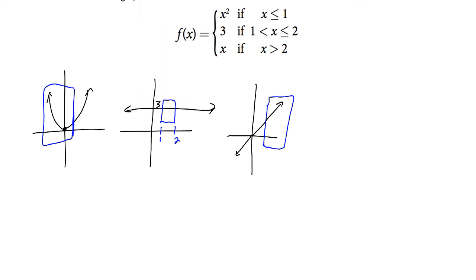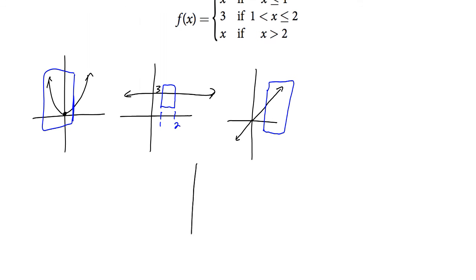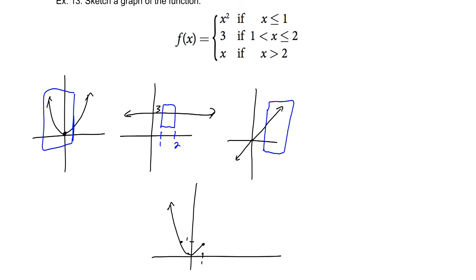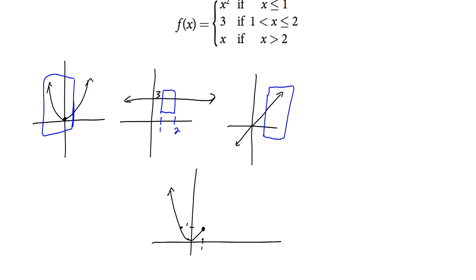Let's be a little more precise because we need to know what's happening at the junctures, where they connect. So x squared, as long as we get to 1, well, at 1, the quadratic function is at a value of 1. So we have something happening like this, up until 1. Now that's less than or equal to 1, so that will be a solid point, a closed point. Now, between 1 and 2, we'll have the constant function 3.